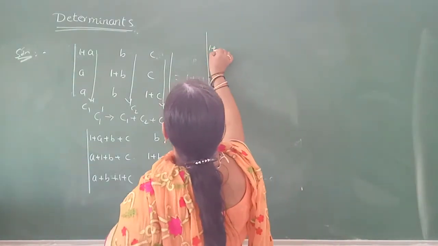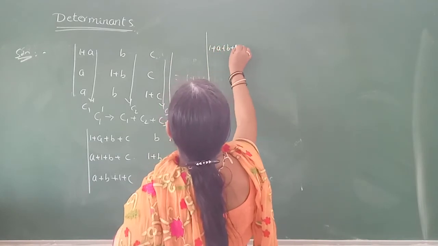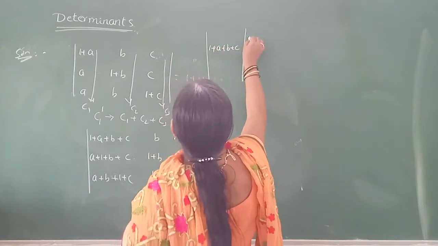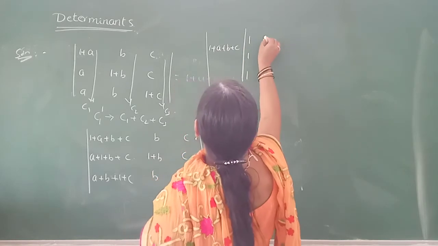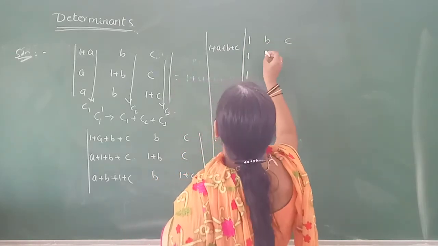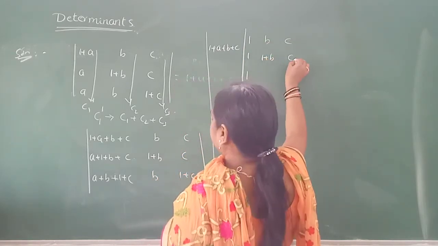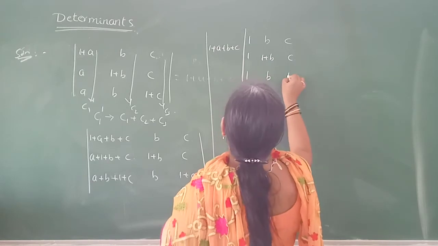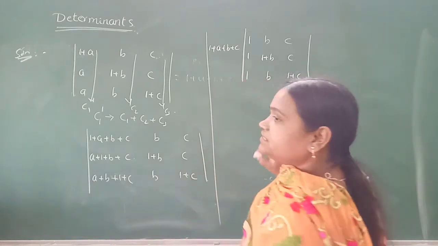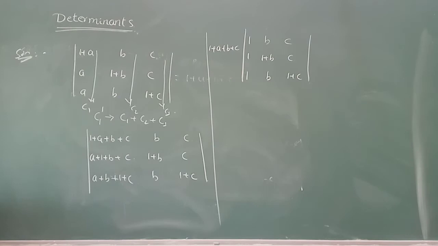That is 1 plus a plus b plus c. We take 1, 1, 1; b, 1 plus b, c; c, b, 1 plus c. This is given.